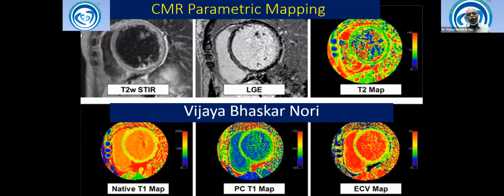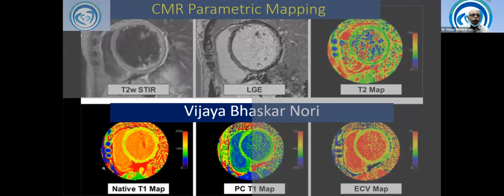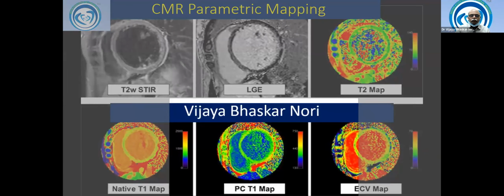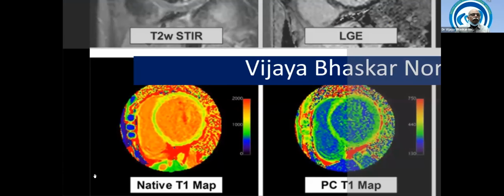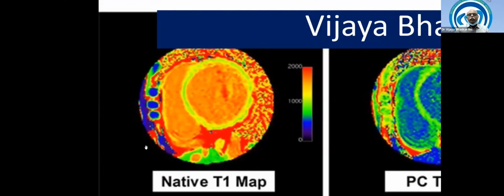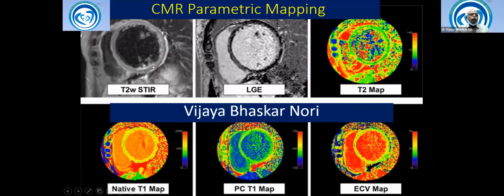My first slide here has images taken from the internet, from a very good article. There are a lot of articles on parametric mapping. This is a self-explanatory slide, which shows a still image here.